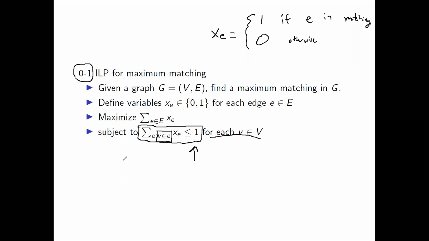So this requirement, this inequality, in words, what it's forcing is that at most one edge containing V is in the matching.